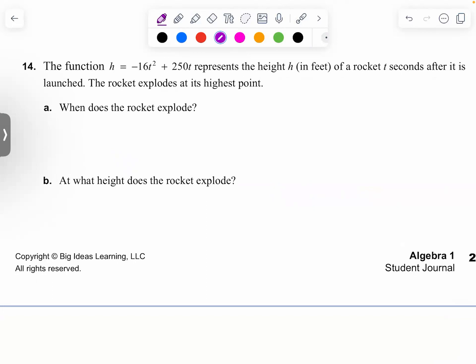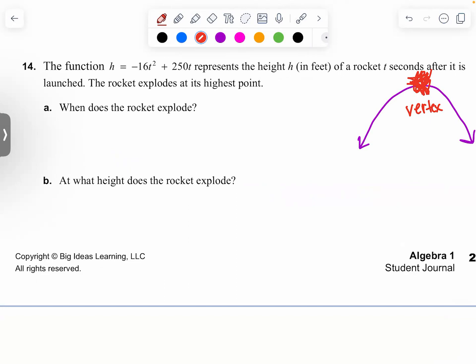So if we have a parabola that opens which way? Down. My rocket is exploding at the vertex. No. It never says that. And then you find the vertex.